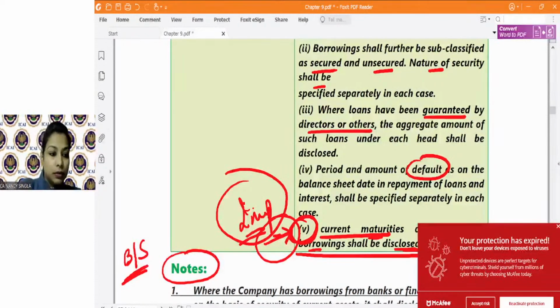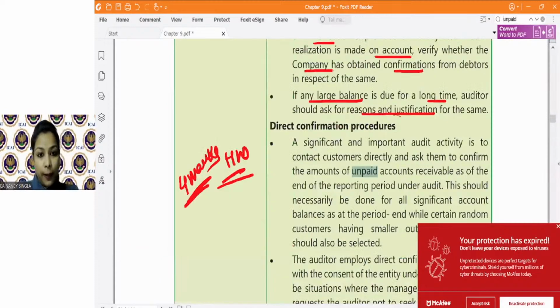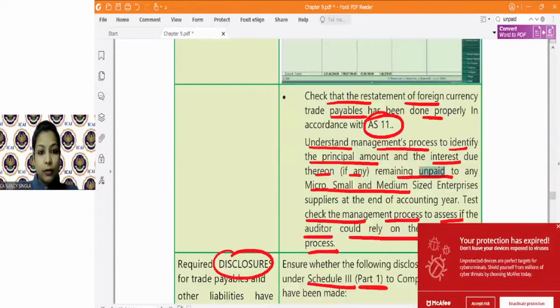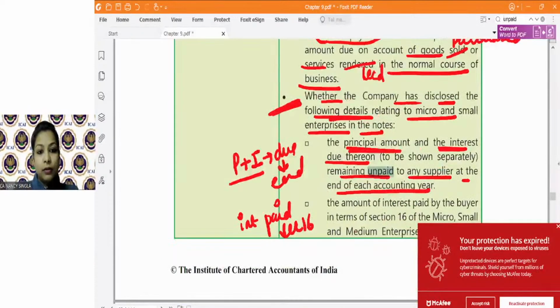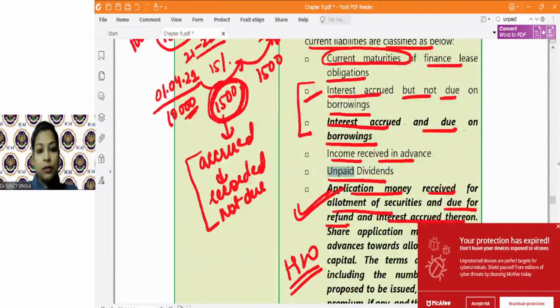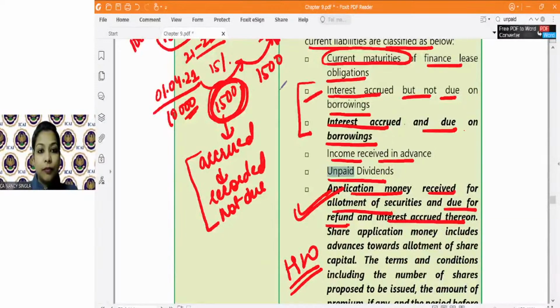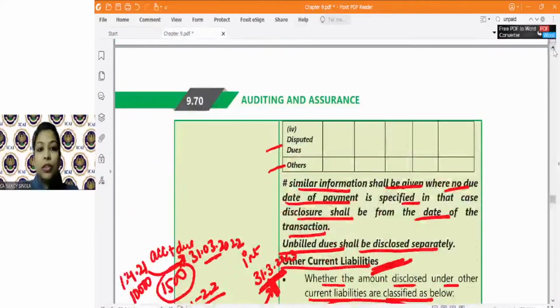So, unpaid. Okay. So, this is our topic. So this is the topic of trade receivables and other current liabilities.